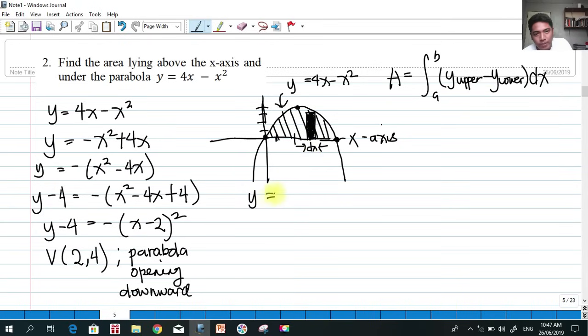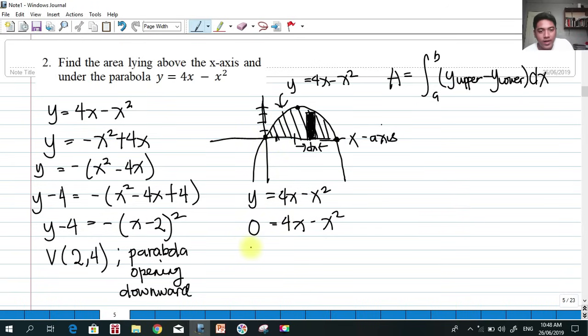Simply from the parabola 4x minus x squared. We know that the parabola crosses the x-axis, but we don't know exactly the points of intersection. So we equate y to 0 and find x, so that we can find the limits from here to here.